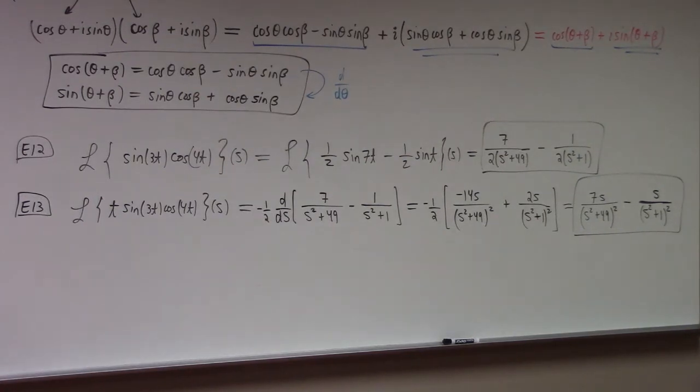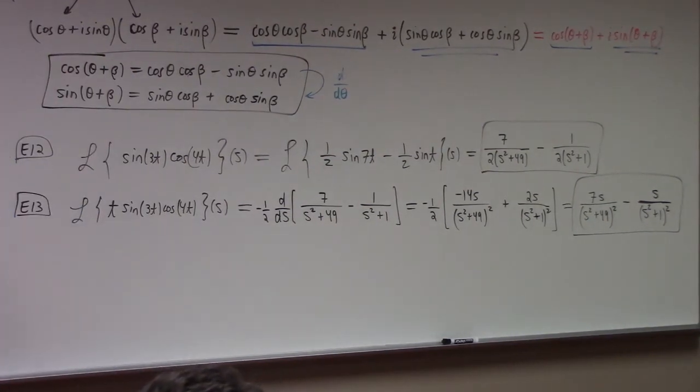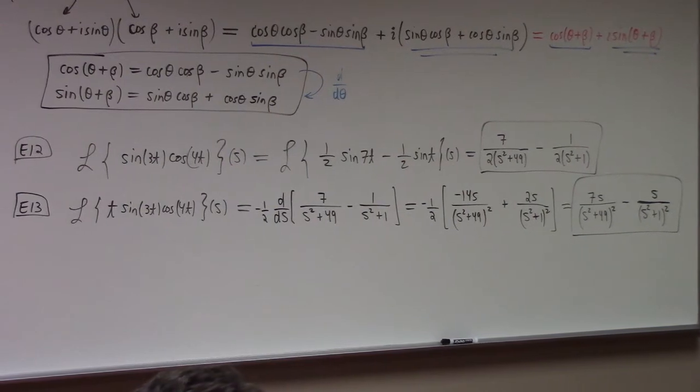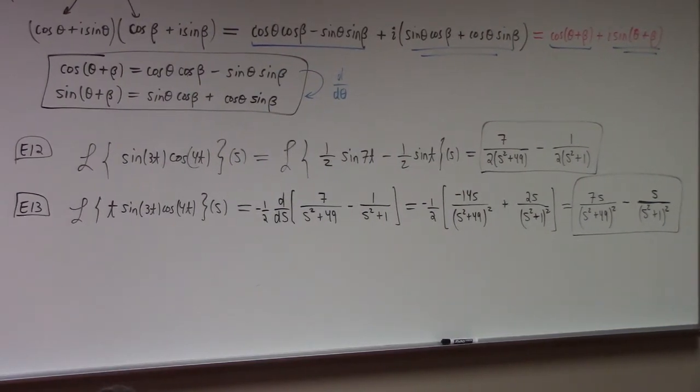I mean, what differential equation would take t times the sine of 7t and t times sine t as solutions? What order differential equation would that be?